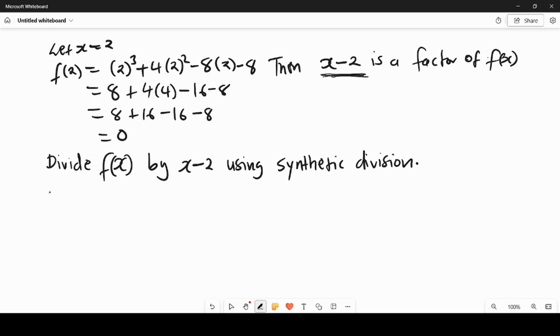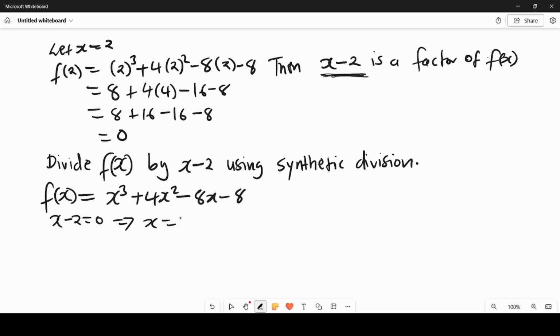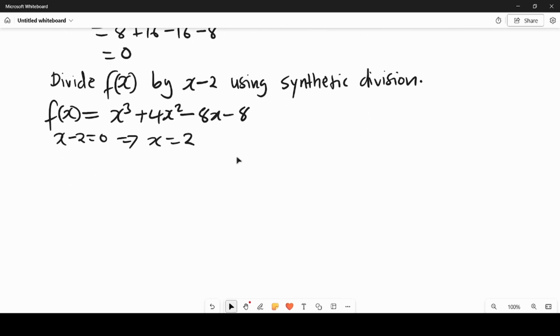In synthetic division, you first write your given polynomial, which is x to the power 3 plus 4x squared minus 8x minus 8, in descending powers of x. Now nothing is missing here, and then you write your factor equal to 0, so that your x will be equal to 2. Then you write this table, the format of synthetic division, like this.